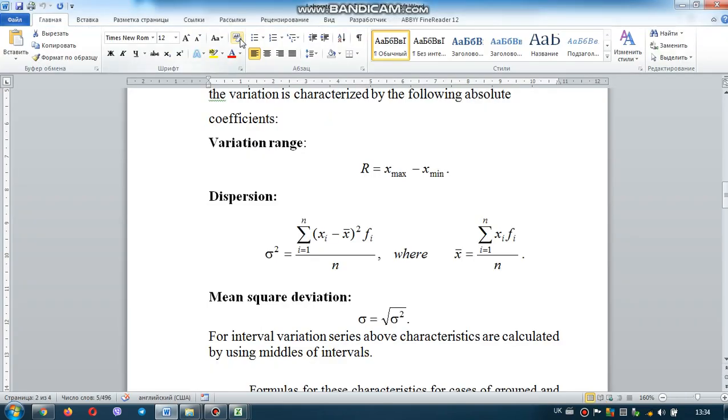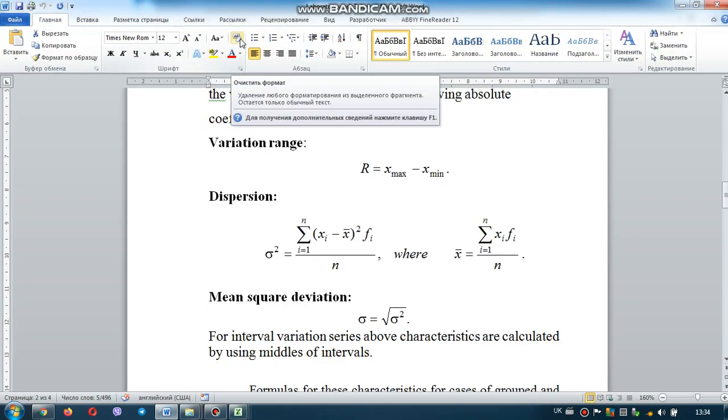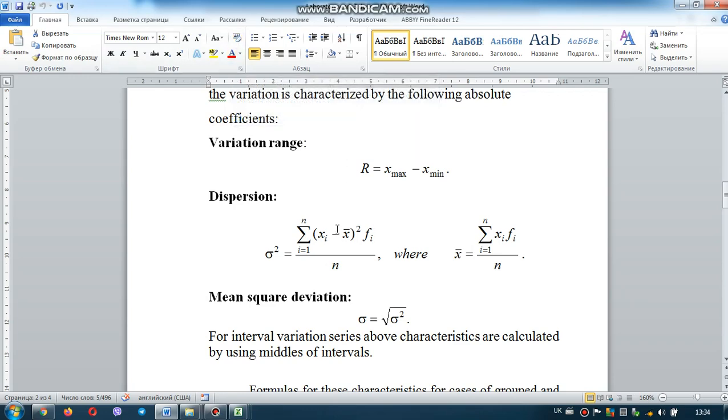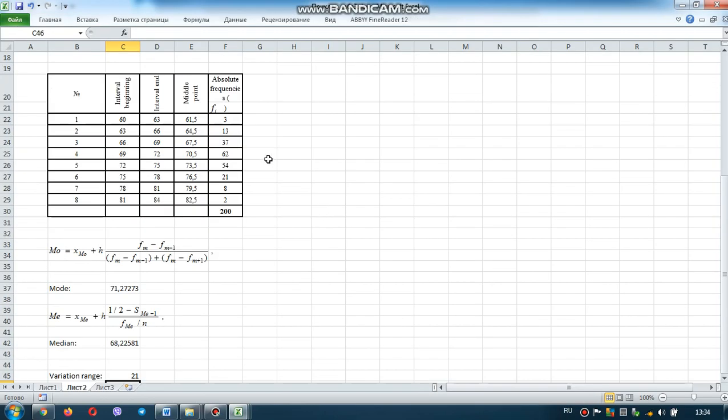Variation range is 21. Okay. Let's calculate the dispersion. We have already copied this table. It will be very helpful.